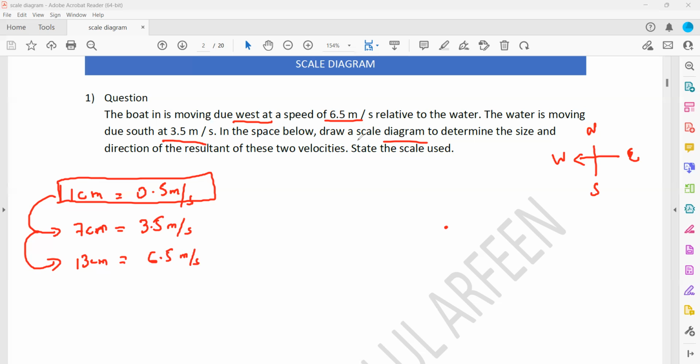From this point, I have to draw the speed of the boat in the direction of west: 6.5 means I have to draw 13 centimeters towards the west. Then from the same point where we started, the water moves south at 3.5, which means 7 centimeters. So we draw 7 centimeters south.